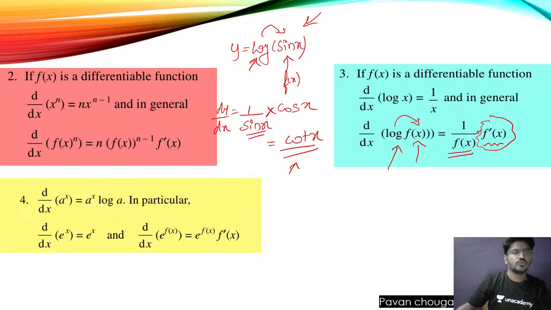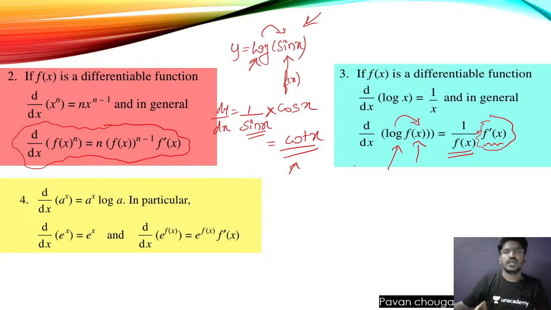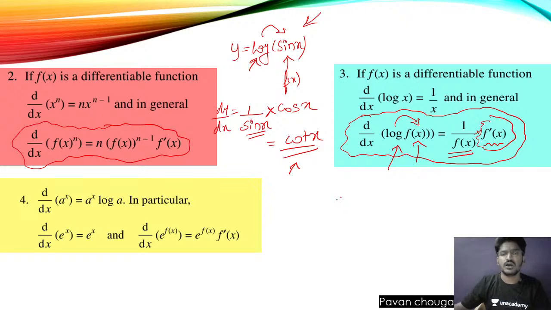This is from two formulas. This is one formula and this is another formula, which you have to be very careful with while solving problems, because they are composite functions.